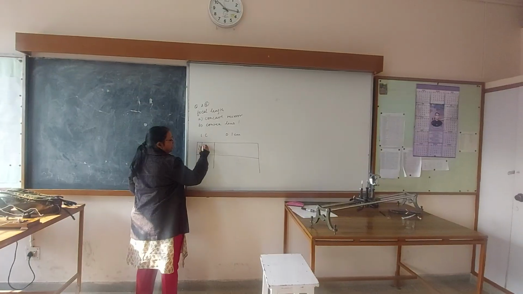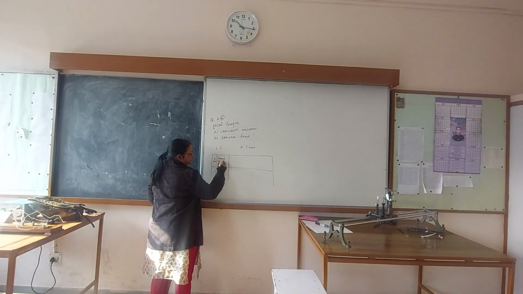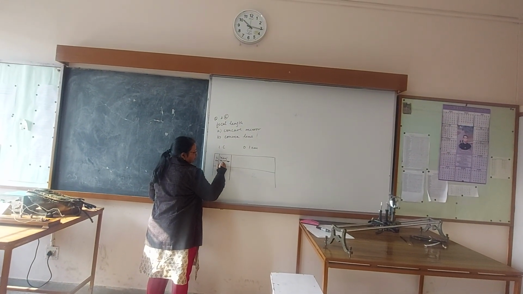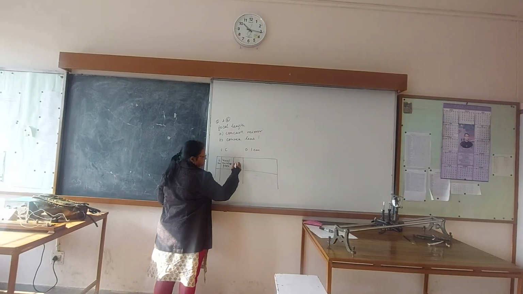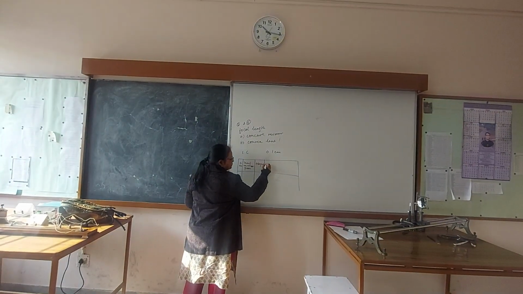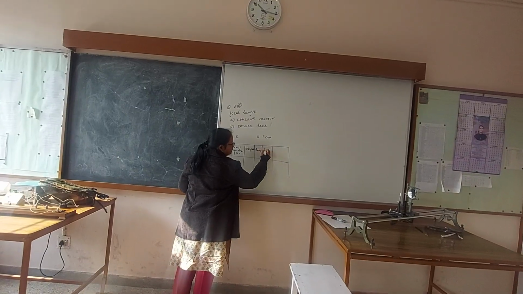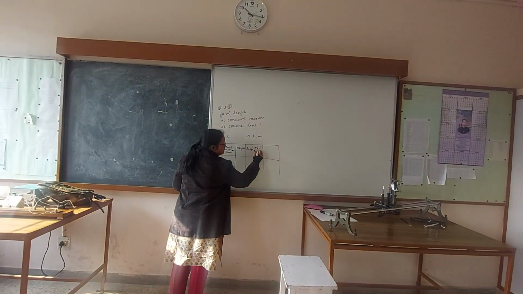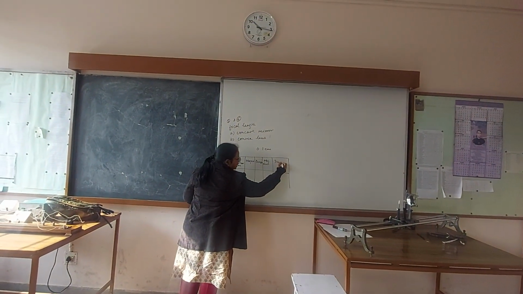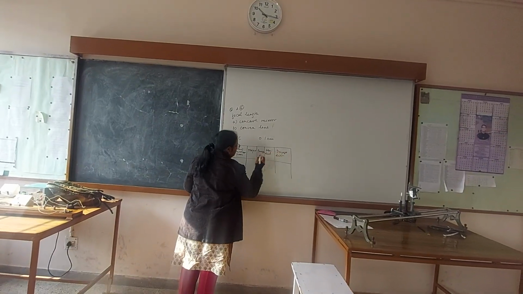So this will be lens or mirror position. And then object needle, image needle, then object distance and image distance. Right?